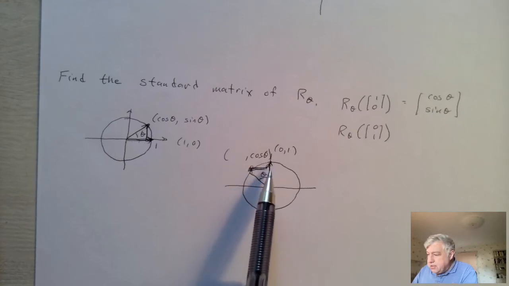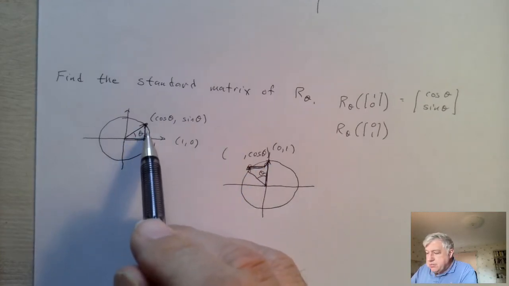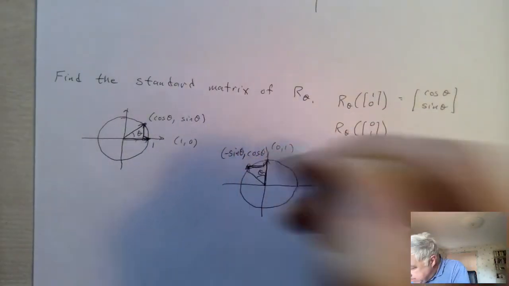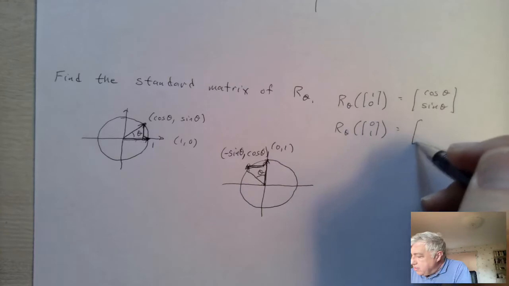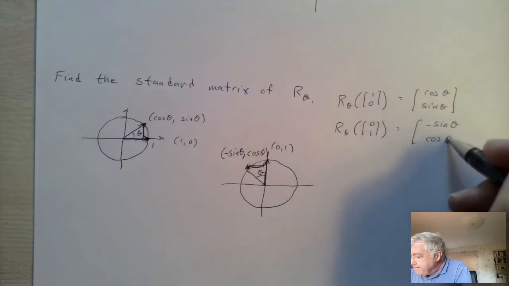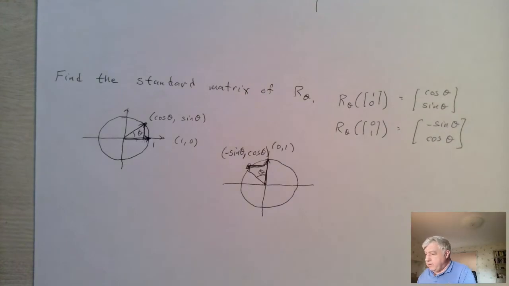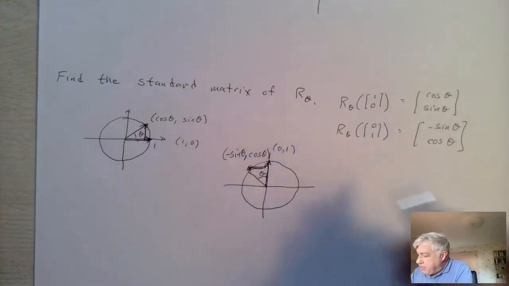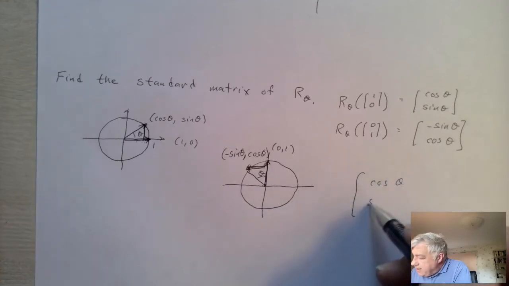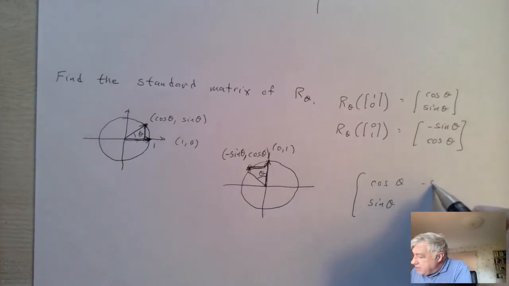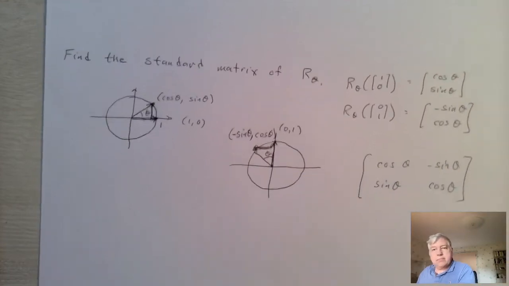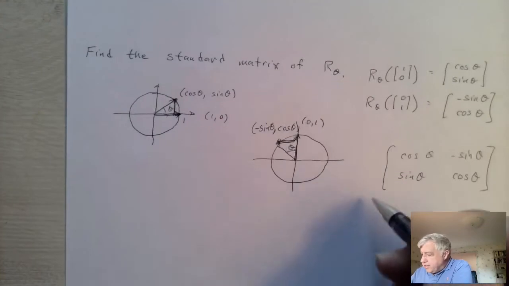But this distance is equal to this distance, and this distance was equal to the sine of theta. So this is minus sine theta. Okay, so the output is (minus sine theta, cosine theta). And so the standard matrix is cosine theta, sine theta in the first column, and minus sine theta, cosine theta in the second column. All right, so this is the standard matrix.